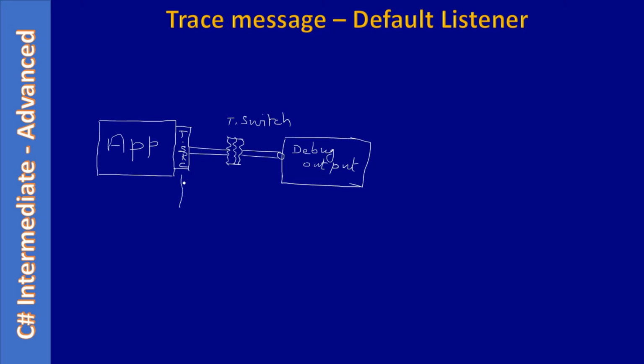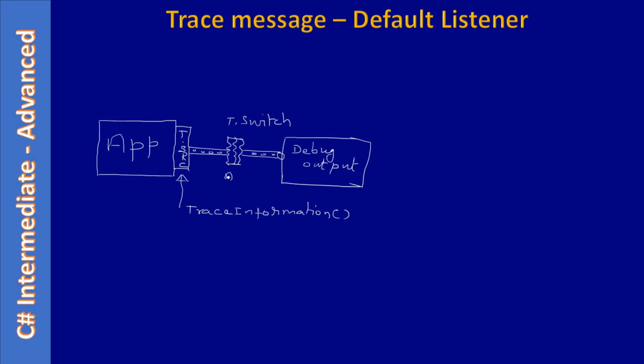So after creating the trace source, we will use the method called trace information. So using this trace information, the application will make a call to trace information and send the trace messages via the trace source, and we will see this will get delivered to the trace output.